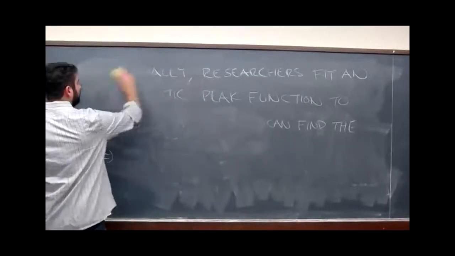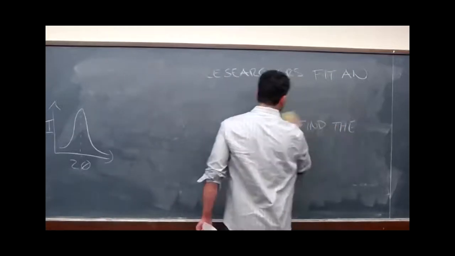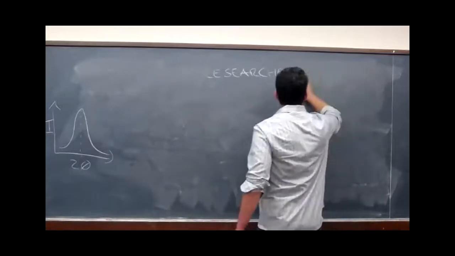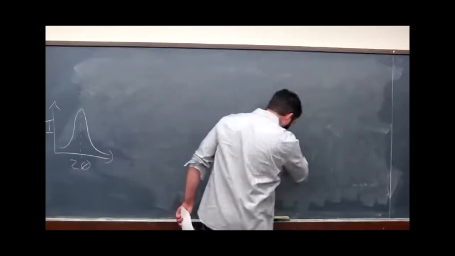So the choice of peak can be chosen for expedience. The peak looks Gaussian, so sometimes it might be convenient to fit a Gaussian to the data. Or there could be deeper theoretical reasons for why you would choose a certain peak shape. But what's important to remember is that your choice of peak shape is another model that you've thrown into the data.